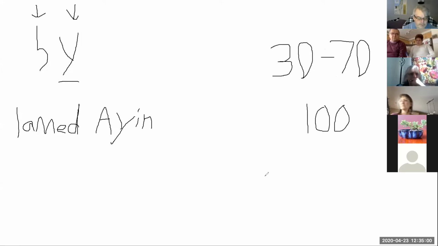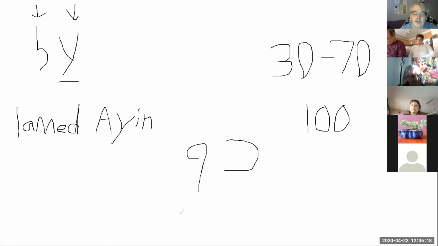So this is where I was doing a little research to prepare for this. Here's a Hebrew word that has a value of 100. This is kaf.